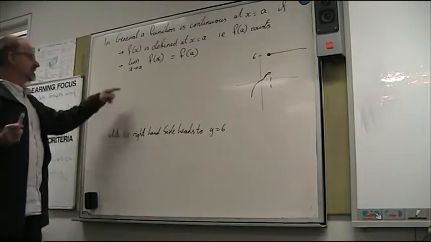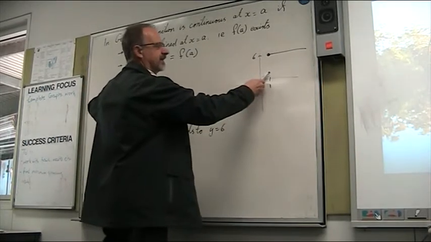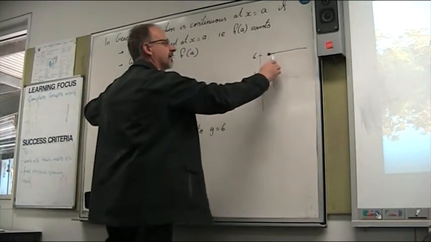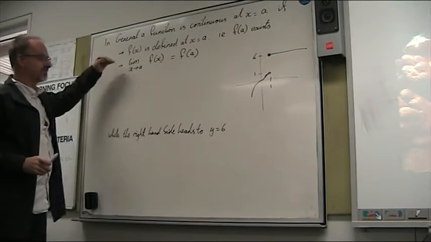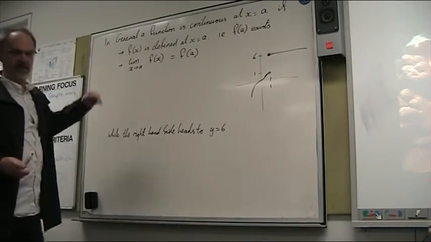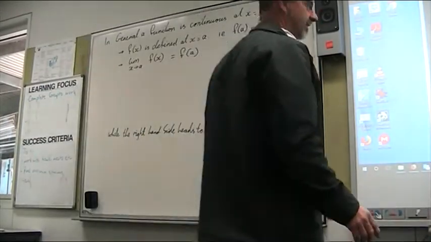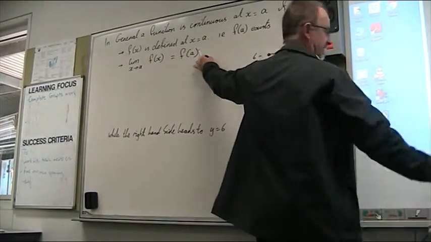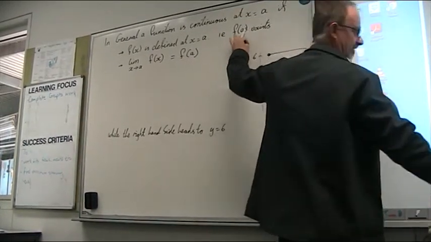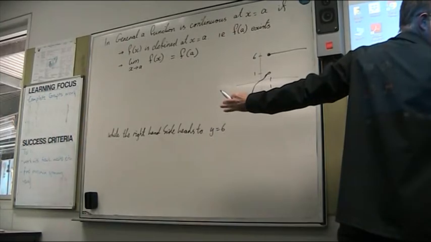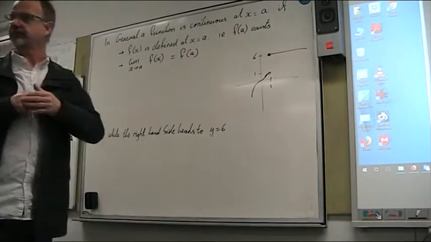But what it doesn't satisfy is the second one, because this part is heading towards 1, this part is heading towards 6. So it has to satisfy both of those things. And this one over here is not continuous because it satisfies the second one, they're both heading to 3, but doesn't satisfy the first one, that x equals 2 is undefined.